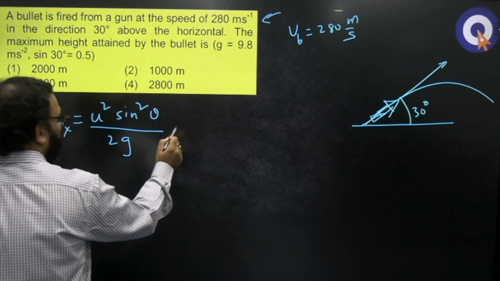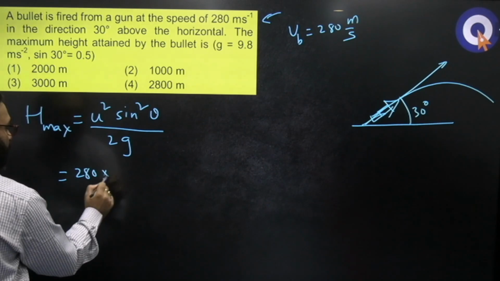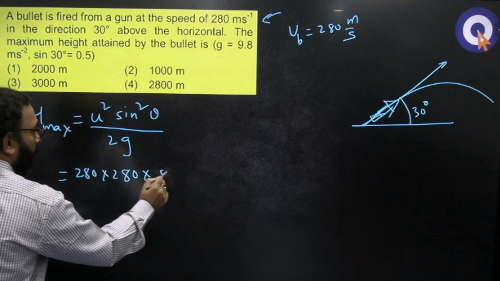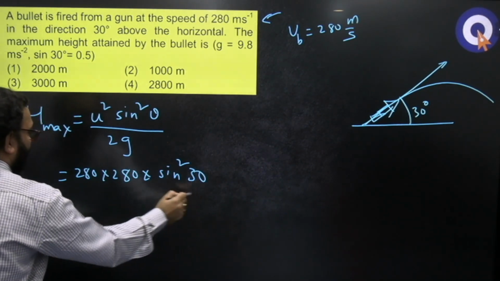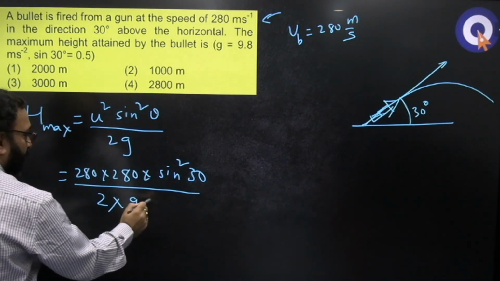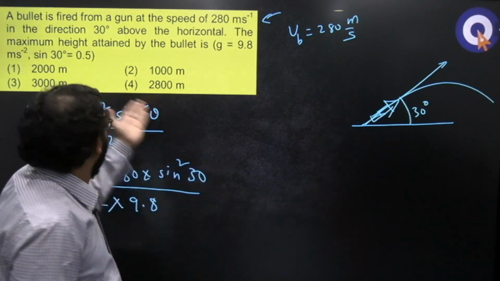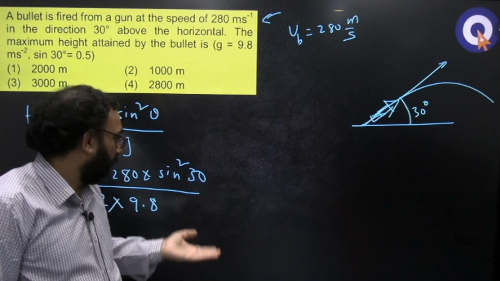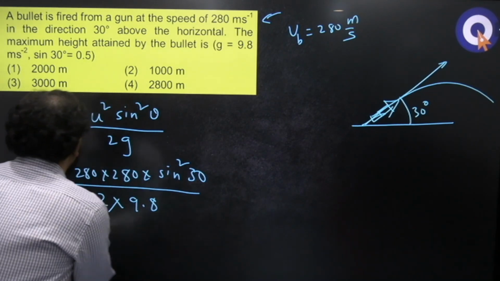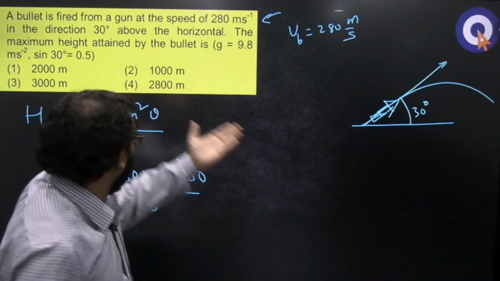So here you can substitute the initial speed 280 into 280 into sin square 30 degrees, the angle of projection, 2 into g value, they gave 9.8 in the paper, and sin 30 is given as 0.5, or you can take 1/2. You can simplify this straight away, it is direct formula based.